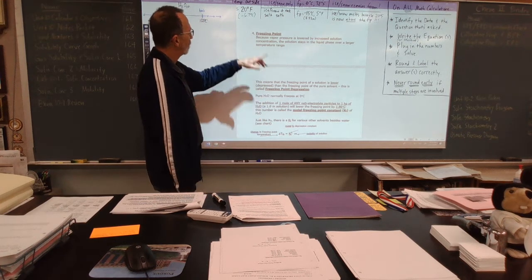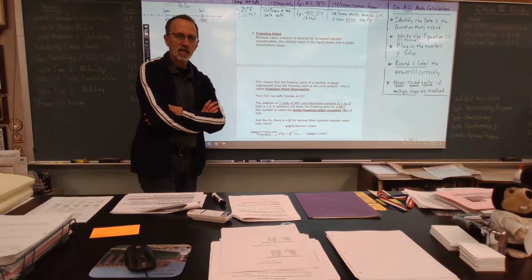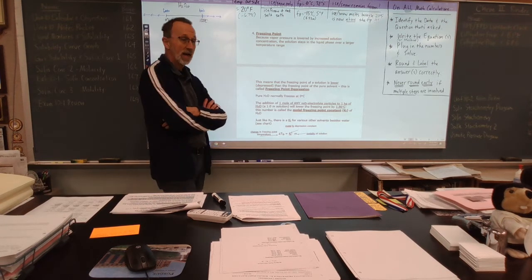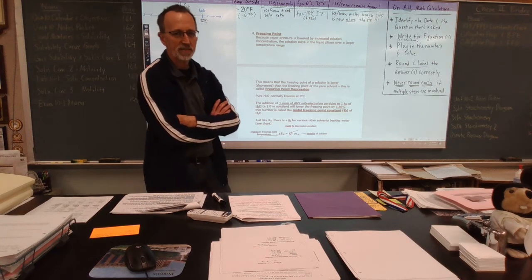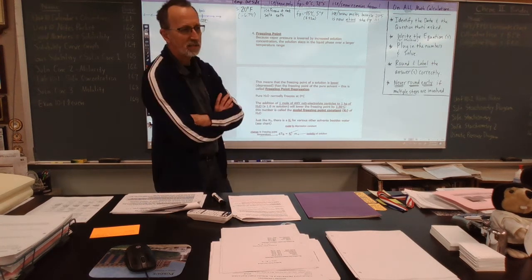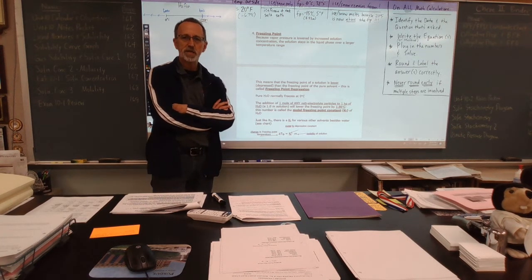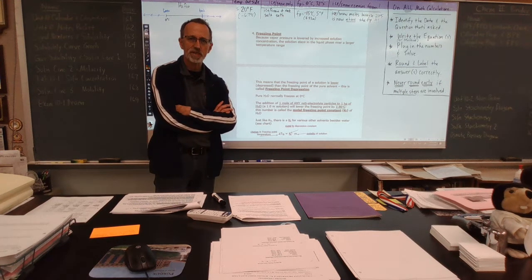So let's say, for example, that the temperature outside on a winter day or night is 20 degrees Fahrenheit, which is minus 6.7 Celsius. Okay, that is below the normal freezing point of water, which is 32 Fahrenheit or 0 Celsius.